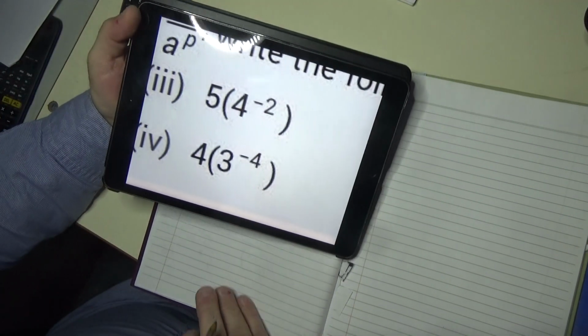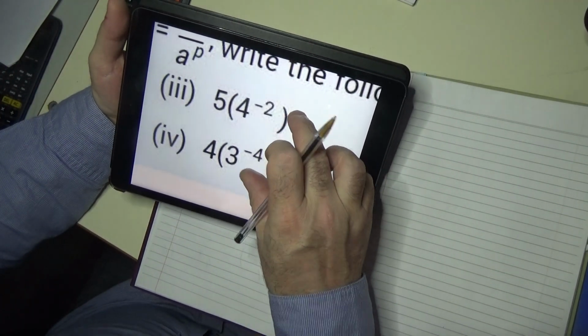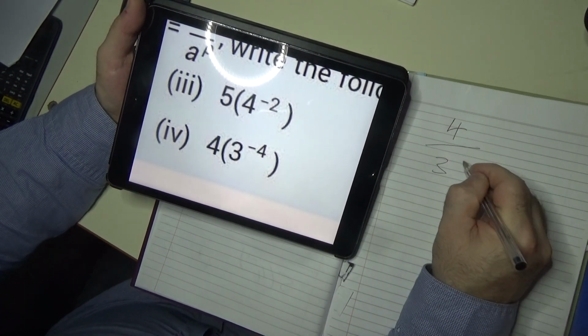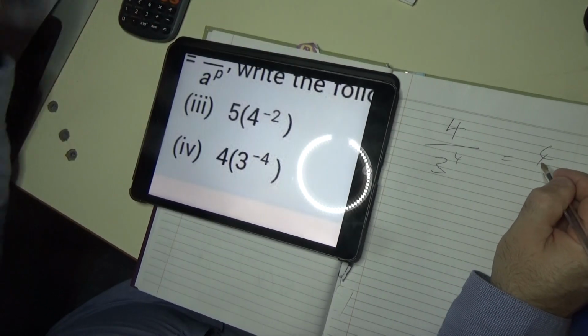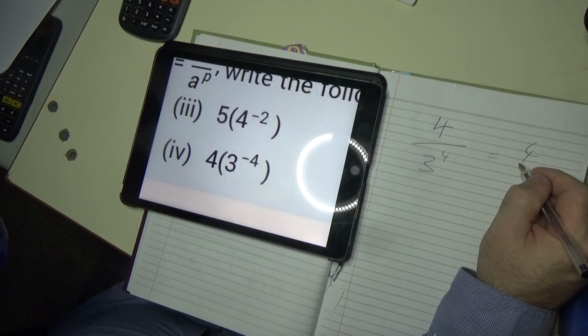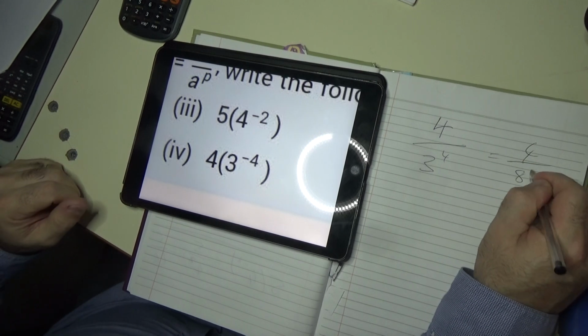And I'm going to start skipping bits now and just writing answers. The next bit is 4 over 81.